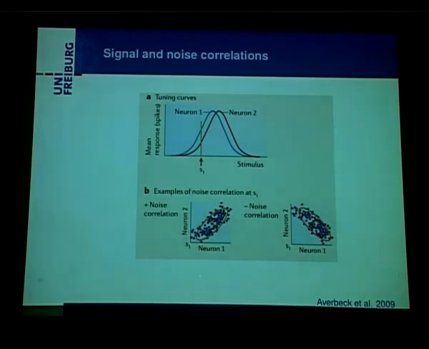People talk about correlations. First, they randomly pick neurons and correlate them. The other way to talk about correlations is in terms of what is called signal correlation and noise correlation. The idea is that there could be neurons where, if you present the same signal again and again, they give correlated responses. That's called noise correlation.